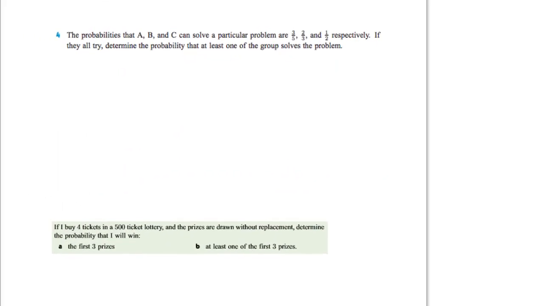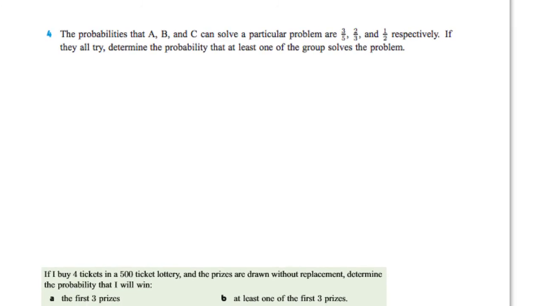All right, we have A, B, and C trying to solve a problem, and they've got these probabilities of being able to solve it. What's the probability that at least one can solve the problem? So let's follow the at least one model.